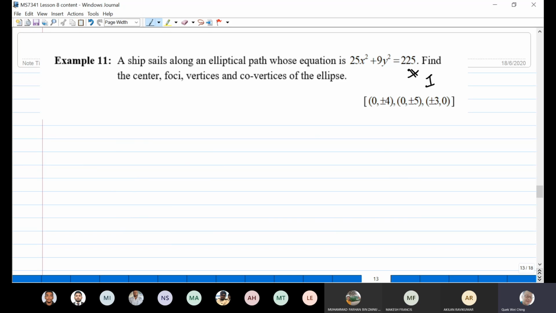So look at this equation, copy the equation first: 25x squared plus 9y squared equal to 225. And then how do you make it equal to 1? Divide by 225. So you get 25x squared over 225 plus 9y squared over 225 equal to 1.